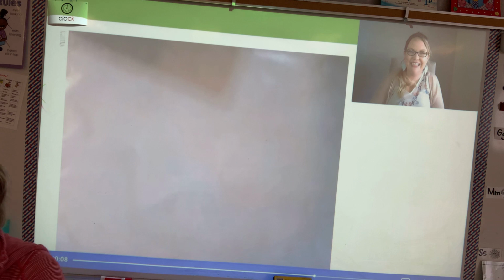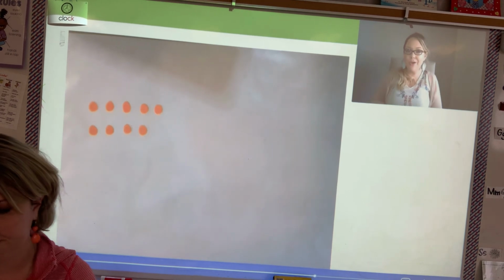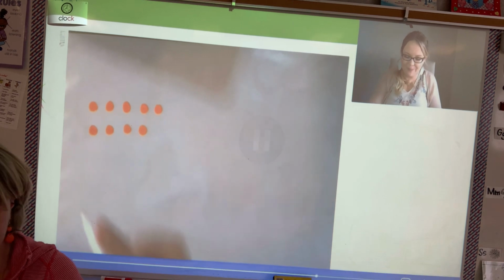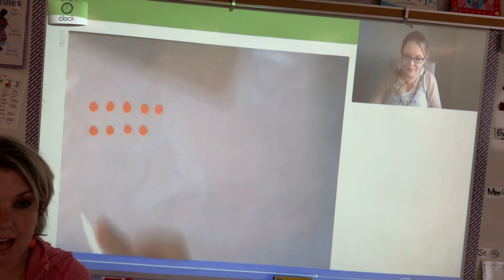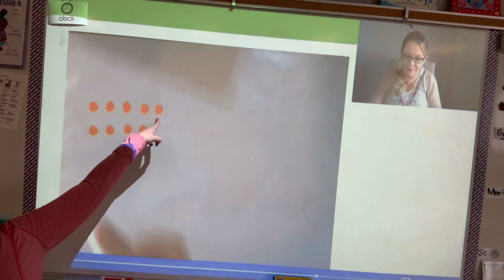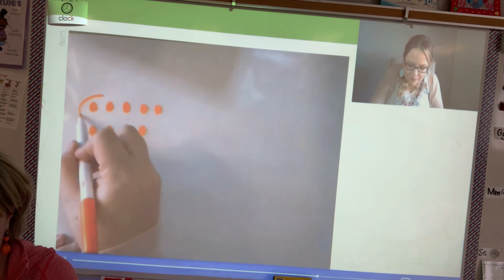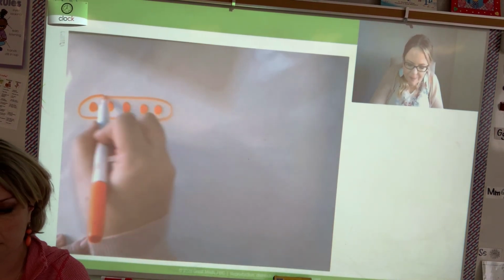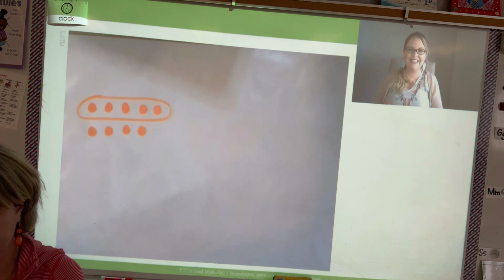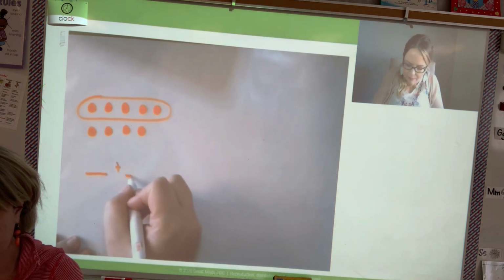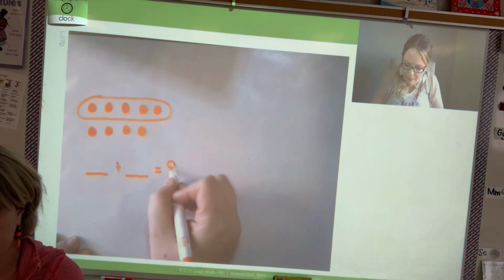All right, let's look. Now circle the group of 5 at the top. So you're gonna circle a group of 5 at the top of your 9 group. Let's write 2 different number sentences about your picture. Look at what she's doing.